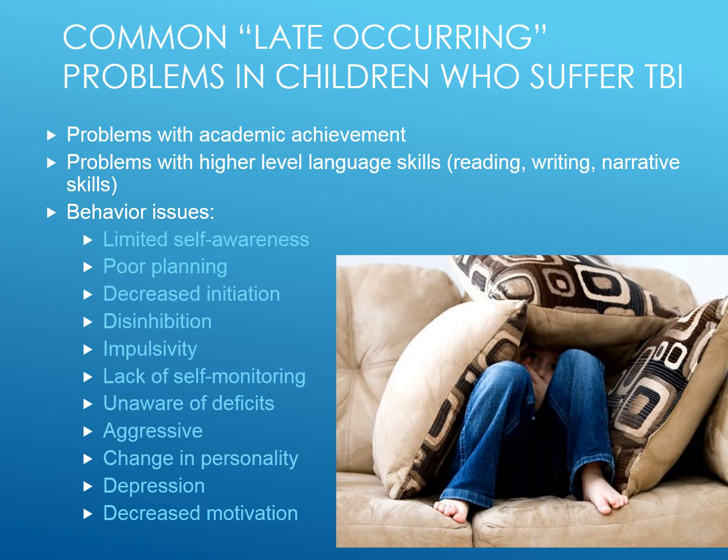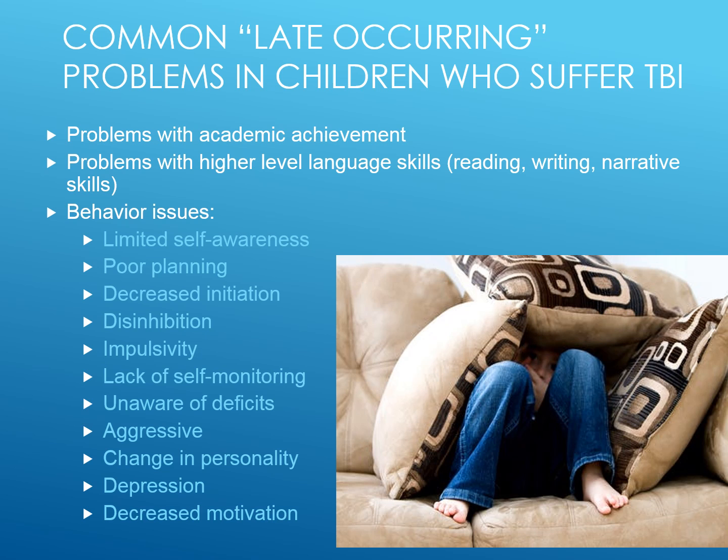So what do we see in children, or patients, after they've suffered a TBI and are trying to reintegrate into life and/or school? I often say that the clients will often hit a wall where demands exceed capacity. We definitely see problems with academic achievement where we might not have before. They are probably going to have problems with higher level language skills, which will show up in reading, writing, and narrative skills.